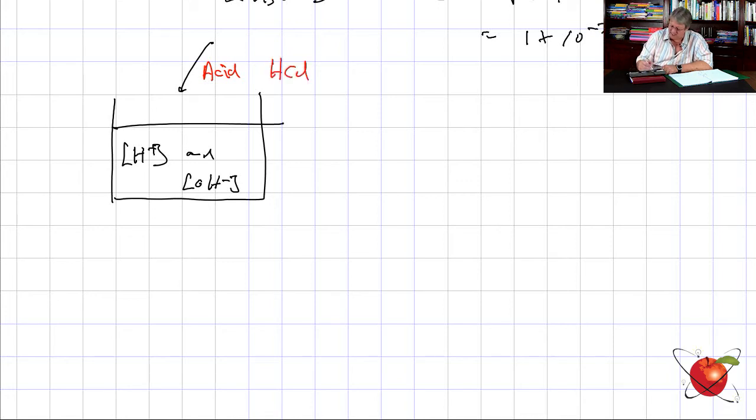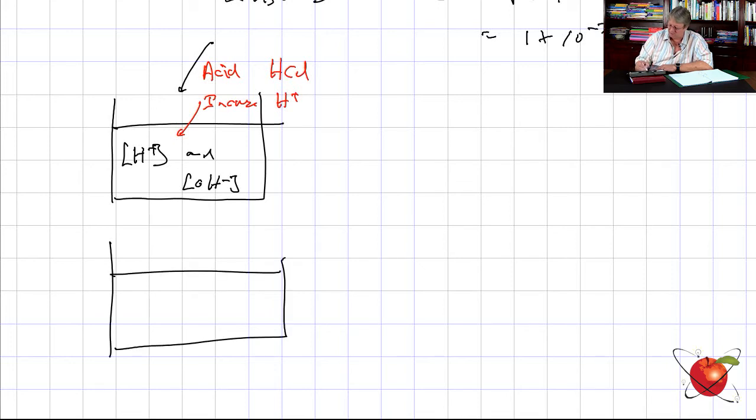Essentially, we're going to add that, so we're going to increase the H plus, aren't we? I'm going to change that H plus to an H3O because that's the way we need to look at it, technically.